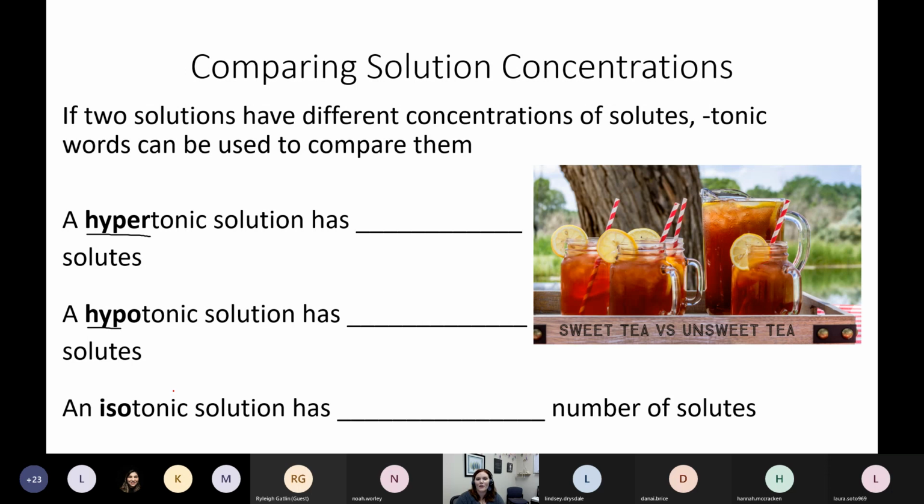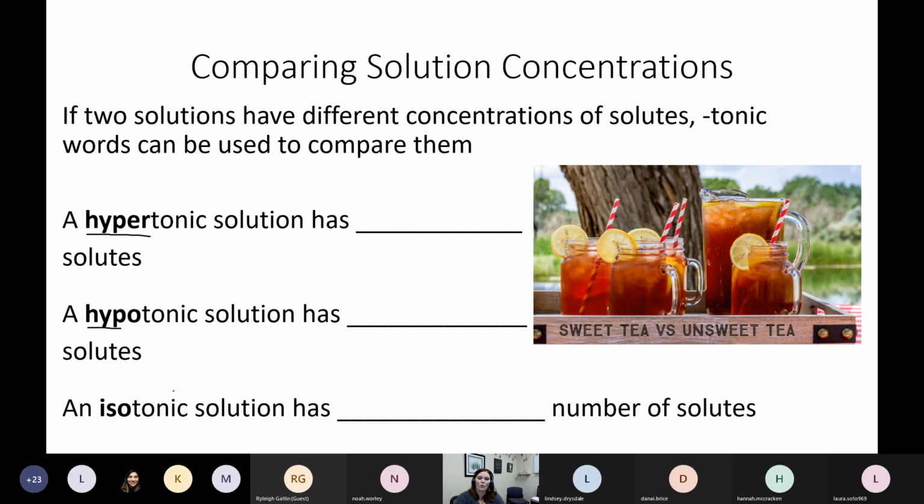So when we're talking about using these tonic words, I'm saying here's one solution that I'm going to put a red blood cell in, and I'm going to compare the cytosol of the red blood cell to the solution. That's where these comparison words come from.